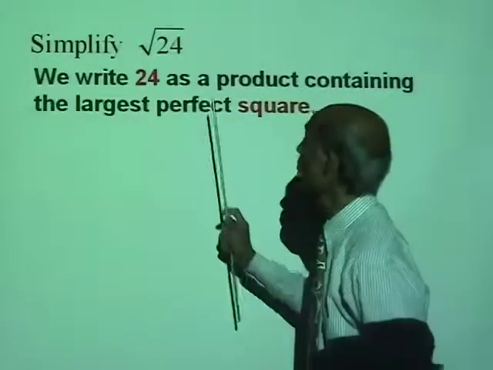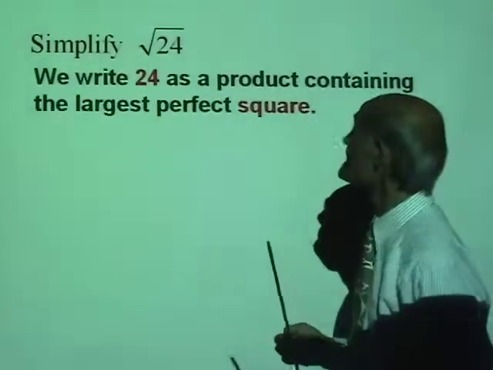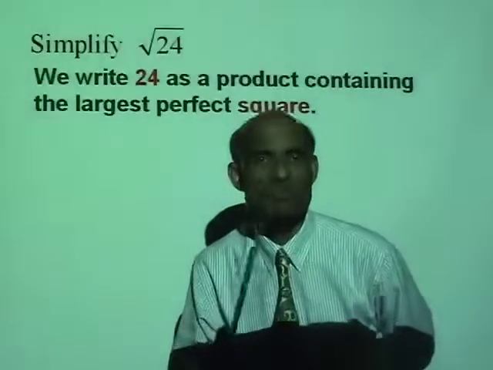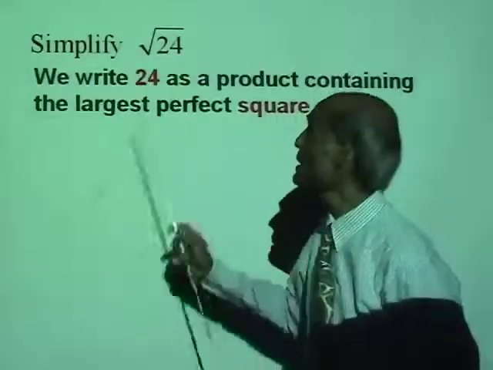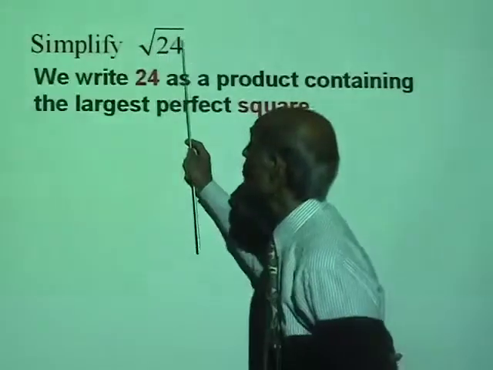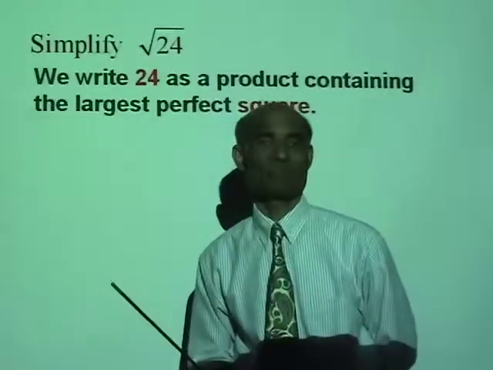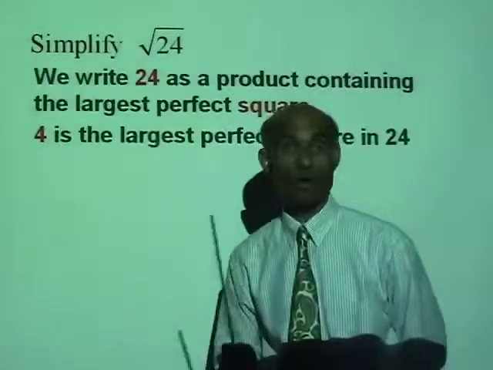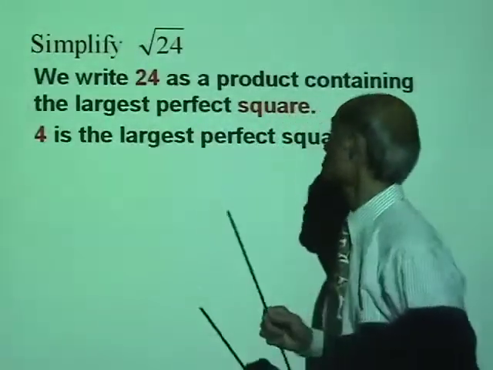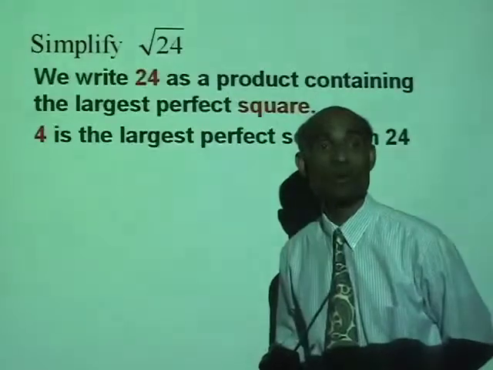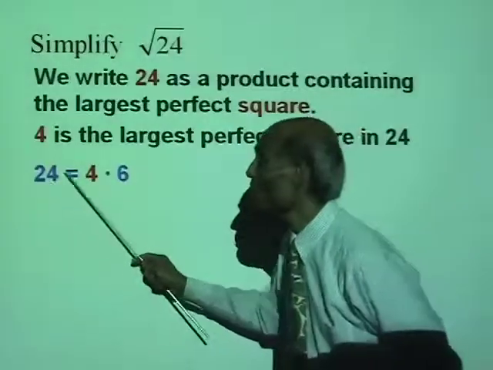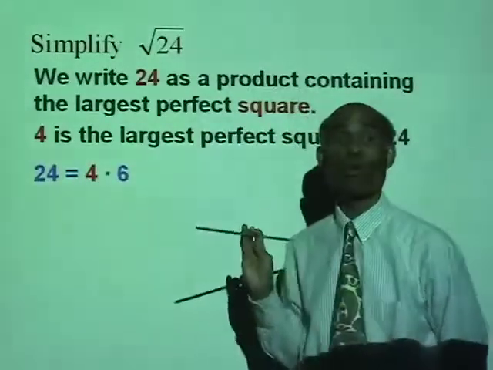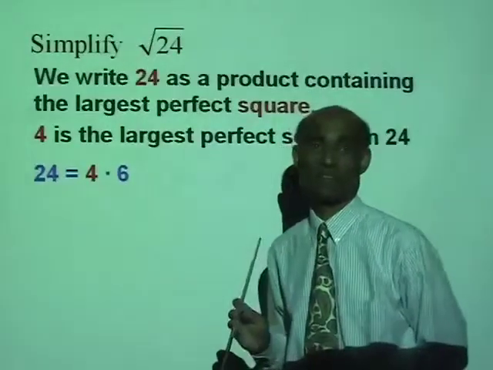So write 24 as the product containing the largest perfect square. Tell me, what is the largest perfect square in 24? We said that already. It is 4. 4 is the largest perfect square in 24. So how do we write 24? We write it as 4 times 6.